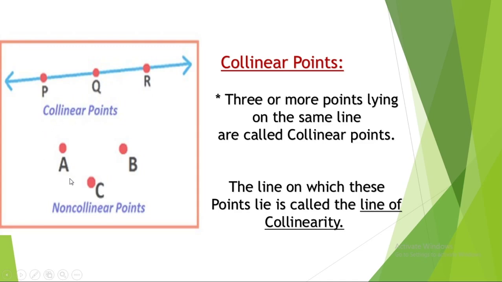Suppose we take this example, here the 3 points A, B, C are not lying on the same line. So they are called non-collinear points. And the common line on which these 3 collinear points lie is called the line of collinearity.